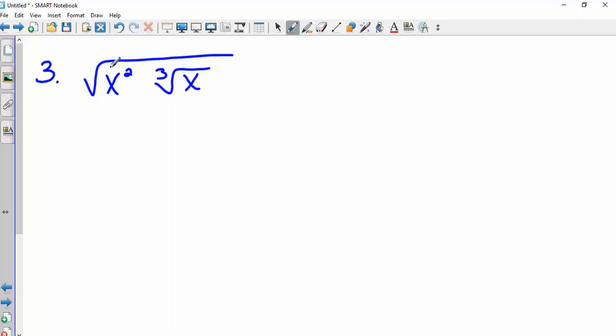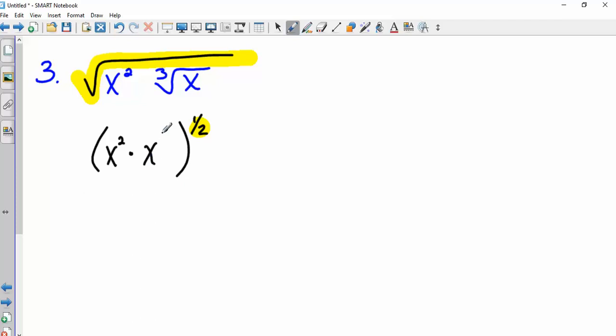Okay. This entire thing is under a square root. A square root is what kind of power? 1/2. So instead of that square root, I write a 1/2. Then underneath it, I have an x squared times the cube root of x.